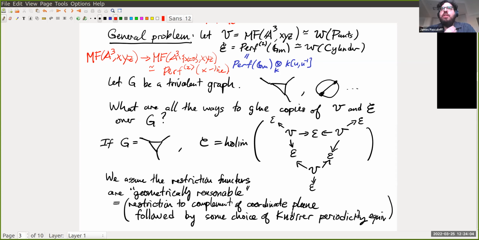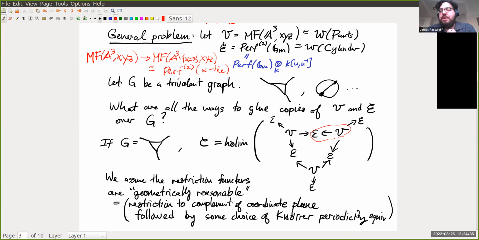Really what I mean, technically, when I say it's geometrically reasonable, is that if you look just at this piece of the diagram, just one single functor, that piece of the diagram is isomorphic to the restriction functor from the pants to the cylinder in some reference pants. Okay, that's what I mean. Okay, so I want to study all of those different things.